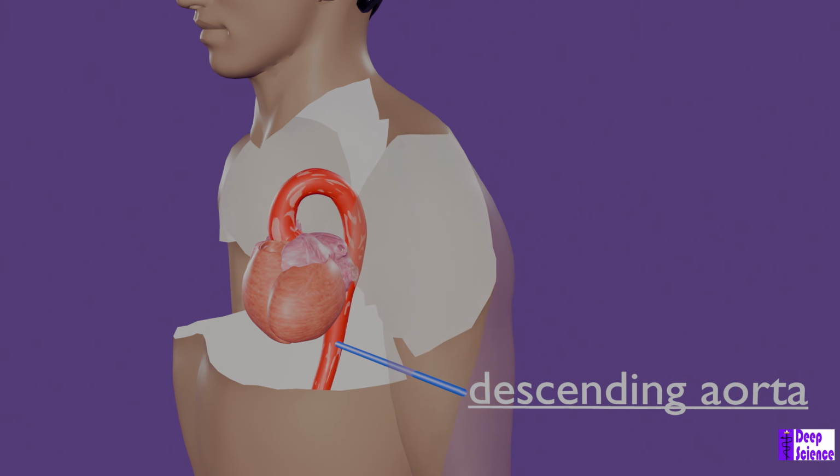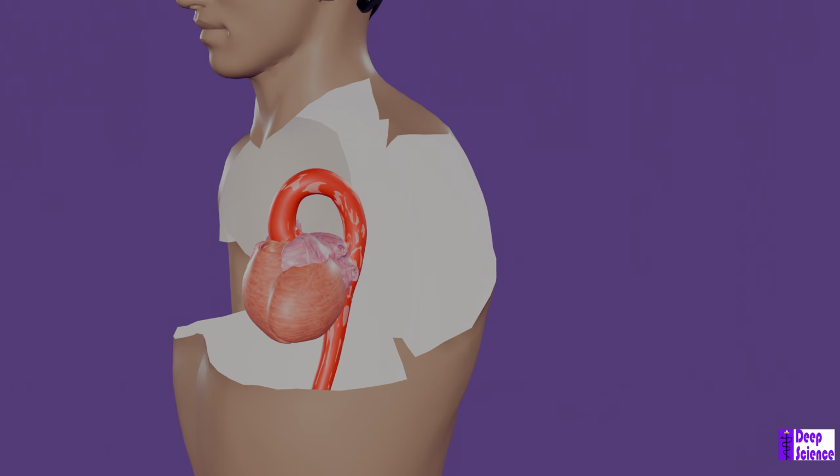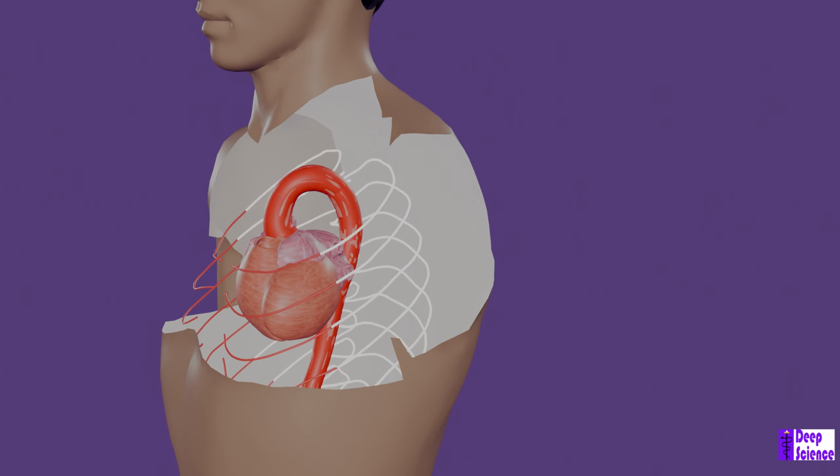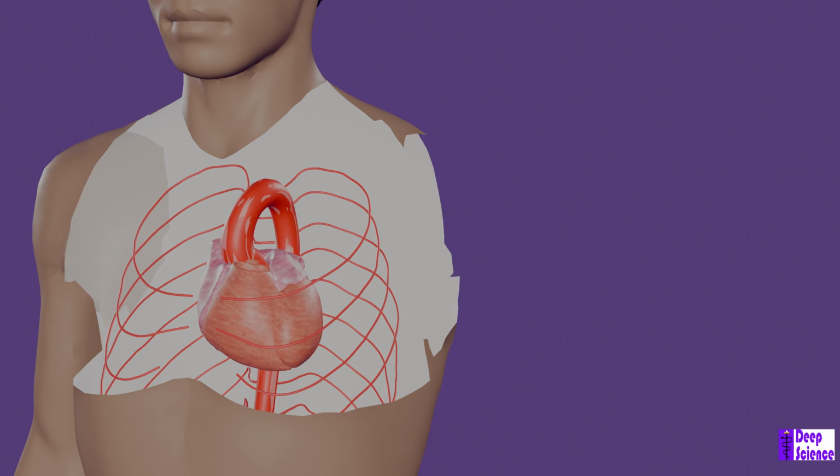And next is the descending aorta. Aorta in this region gives off posterior intercostal arteries from T3 to T11.